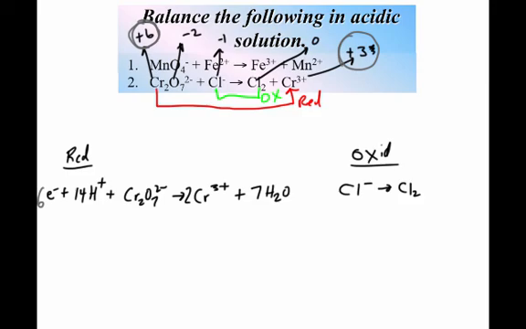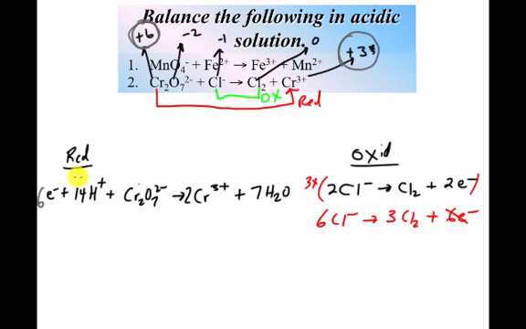Now, for the chlorine, I have to balance the chlorines because I have 2 chlorine atoms, and now how many electrons? Because it's a loss of electrons. The electrons always go on this side. It's 2. All right. So now to bring the 2 equations back together, I have to multiply this one to make the equation. You might have to multiply both of them, so be careful with that. All right. So 3 to make the electrons equal to 6. So I got 6 chloride ions forming 3 chlorine molecules and losing 6 electrons.